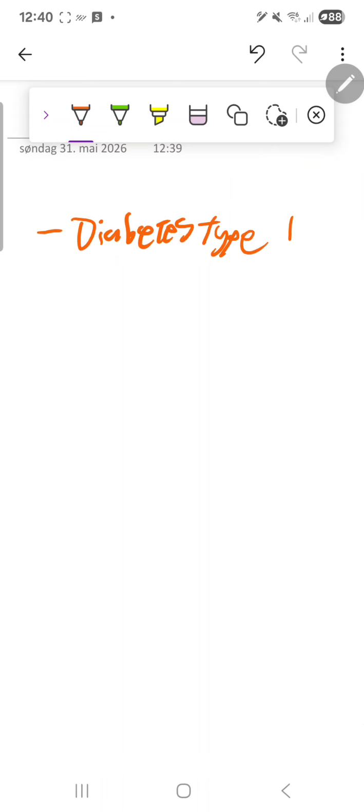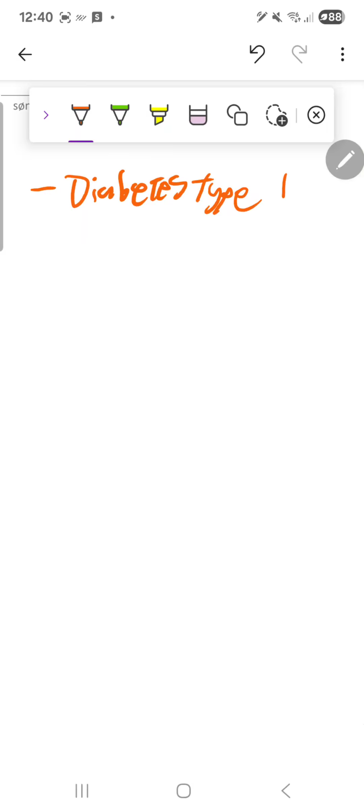And the insulin is the chemical that lowers the blood sugar. So they have a reduced production of insulin in this diabetes type.